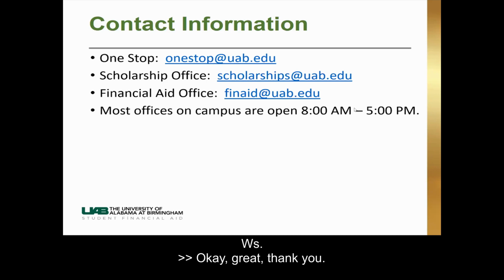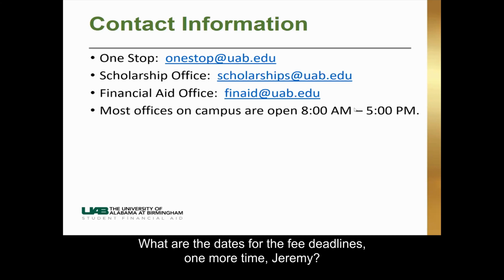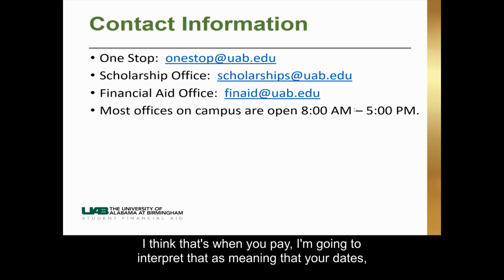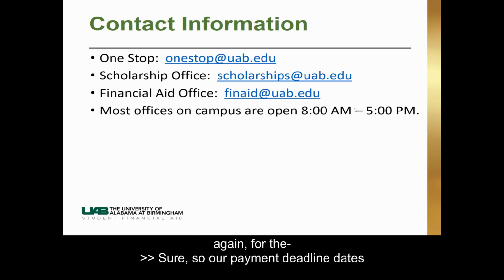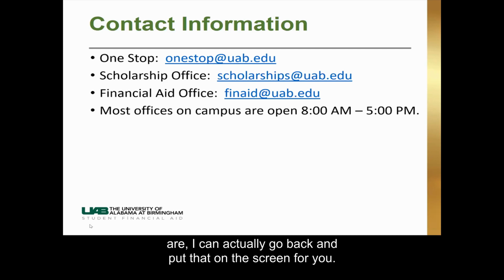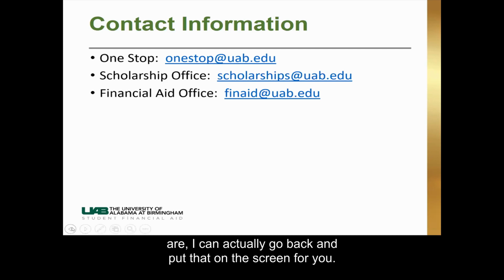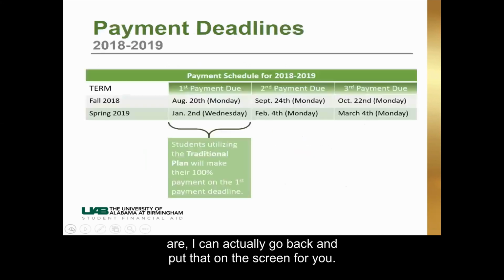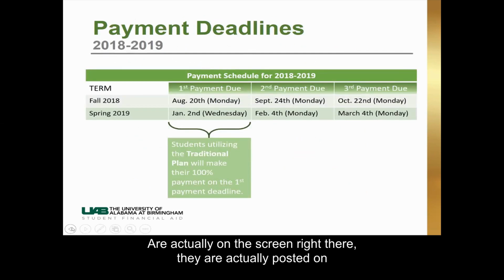Great, thank you. What are the dates for the fee deadlines? One more time, Jeremy. I think that's when you pay. Sure. The dates for our payment deadlines are actually on the screen right there.